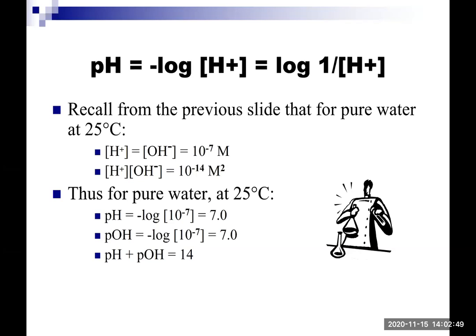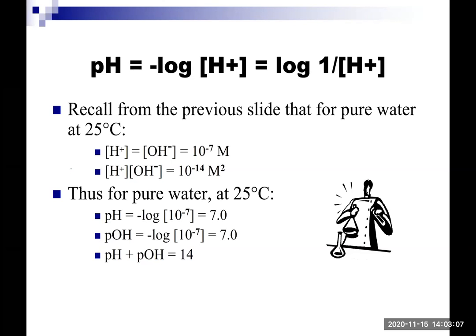So remember from the previous slide that for pure water at 24, 25 degrees C, we're talking room temp, the H plus concentration and molarity is equal to the OH minus concentration and molarity, and they are both 1 times 10 to the minus 7 molar.